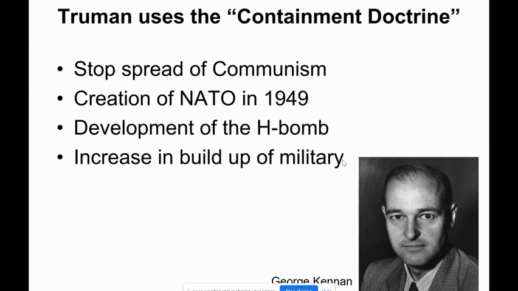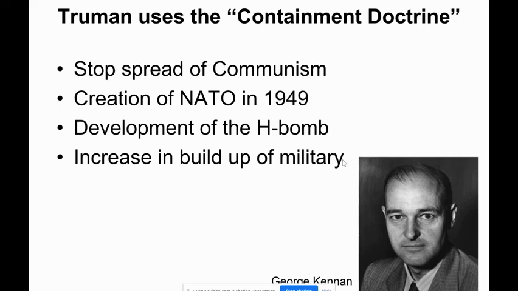It is also with the National Security Act that we develop things like the NSA, and the CIA is developed through this. Those two groups, the NSA, which collects information kind of domestically, and the CIA, which does it abroad.